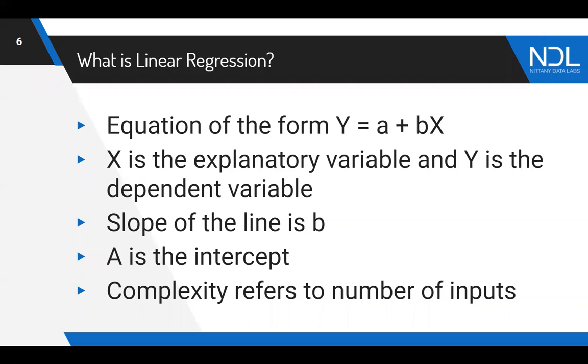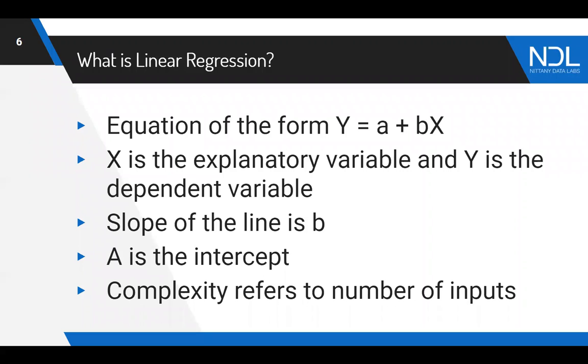For example, if you're looking at house prices, the dependent variable would be the house price, and the explanatory variable, which explains the change of y, would maybe be something like how many acres of land, how many rooms, etc. The slope of the line is b, or the coefficient of x. a is the intercept.